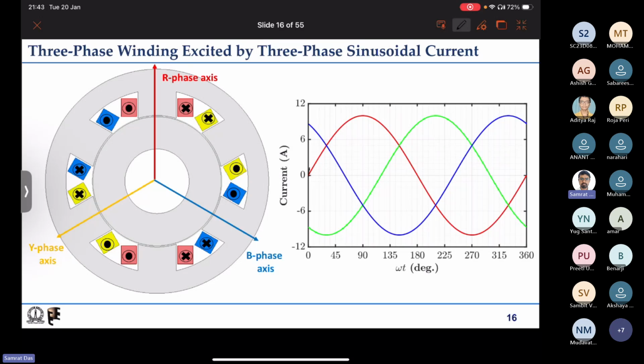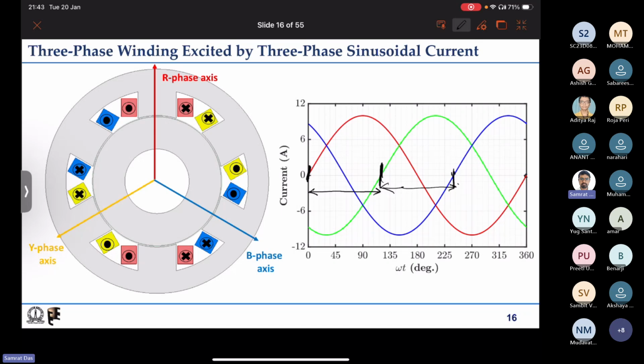You can see that the red phase zero crossing is here when it is going from negative to positive. Yellow phase or green phase zero crossing is here when it is going from negative to positive, which is basically lagging the R phase by 120 degree. Similarly, the blue phase zero crossing is again lagging from the green phase zero crossing by 120 degree.